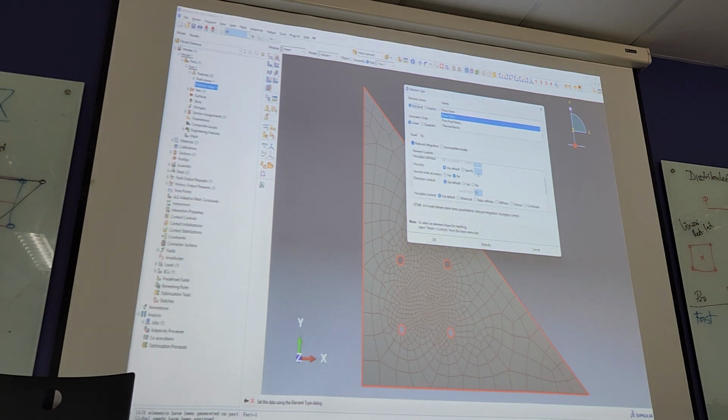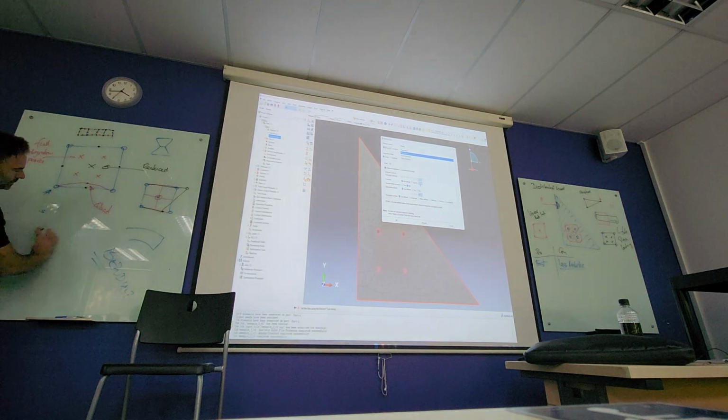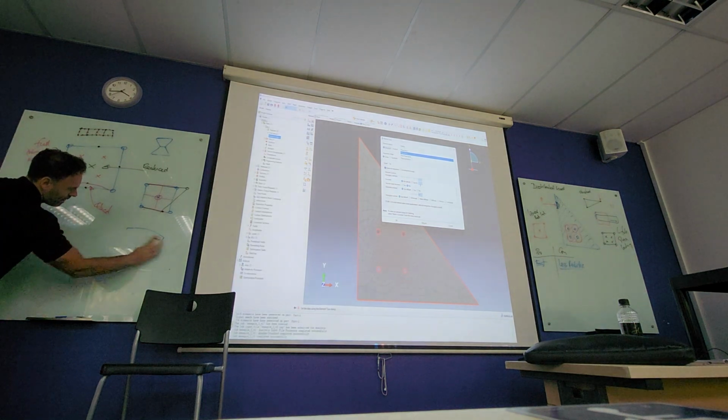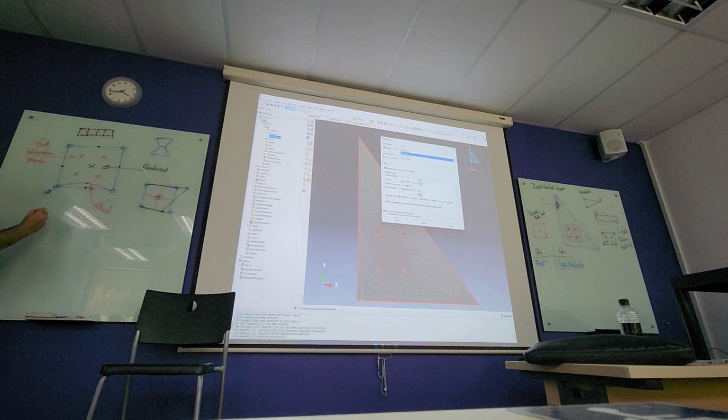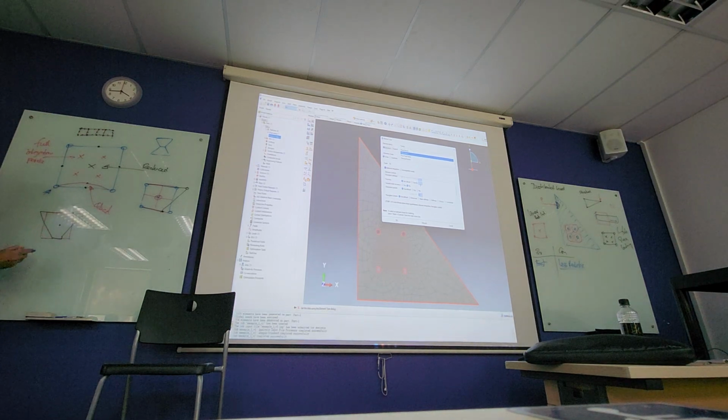If you start off like this and you turn out to be like that, and you have one integration point that is here, what happens?